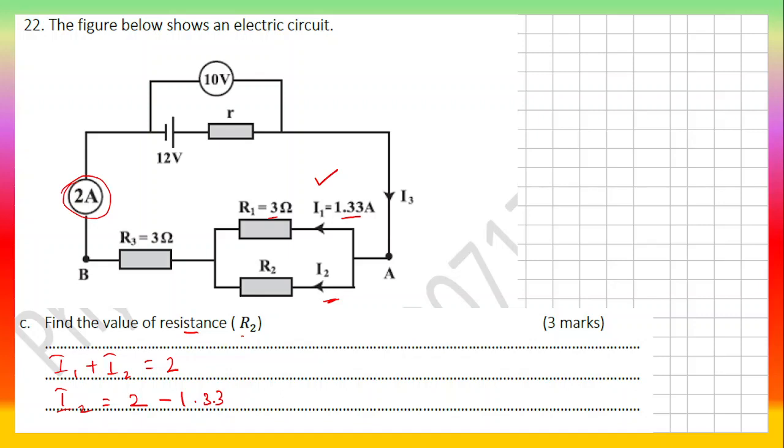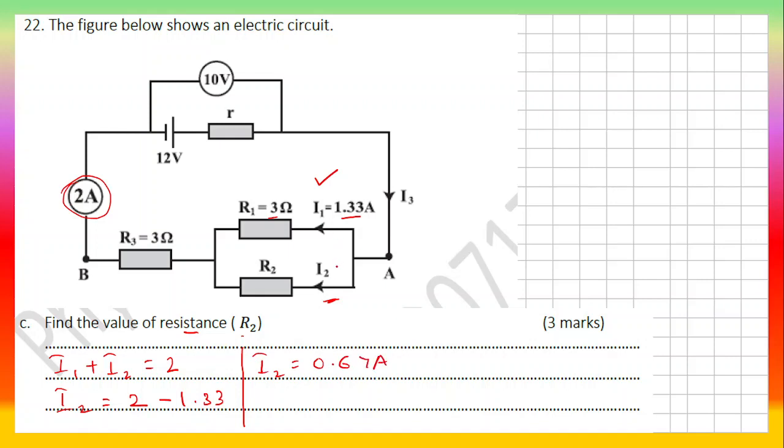So what do we get? We end up with 0.67. So I2 is equal to 0.67 amperes.